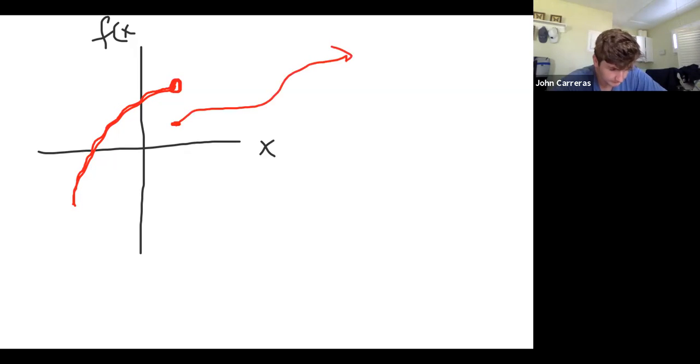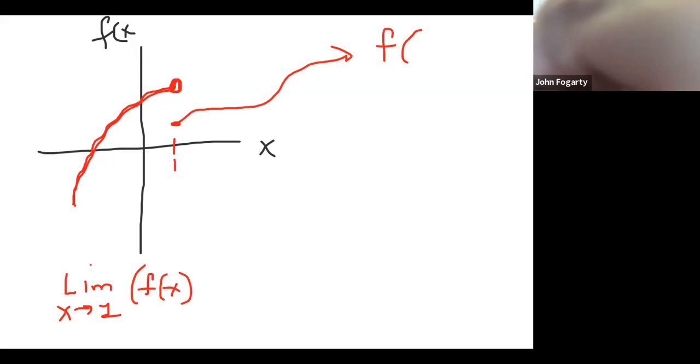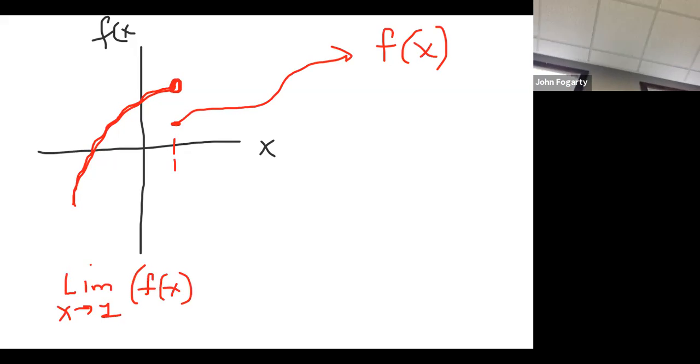So now, I want to know what is the limit as x approaches 1 of f of x. This is simply the picture of f of x. So once again, as I approach 1 from the left, what value is my graph approaching? Well, whatever this is right here.